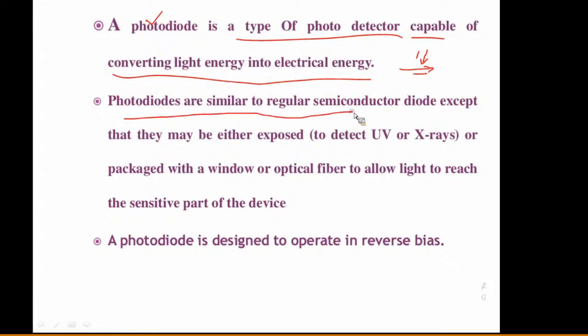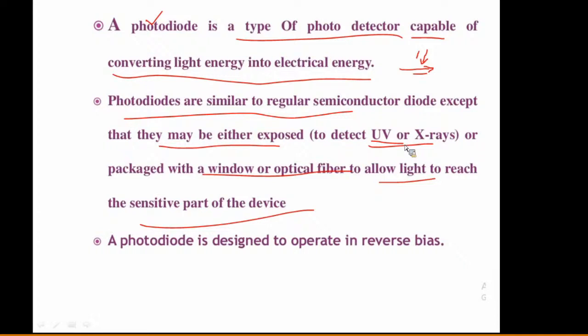Now photodiodes are similar to the regular semiconductor diode. A photodiode is exactly equivalent to a PN junction diode, except that it may be either exposed to detect UV or X-rays, or packaged with a window of optical fiber to allow light to reach a sensitive part of the device. The difference between the PN junction diode and this photodiode is only a constructional feature.